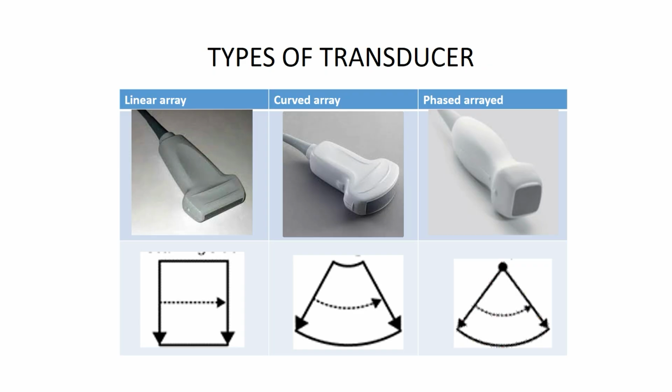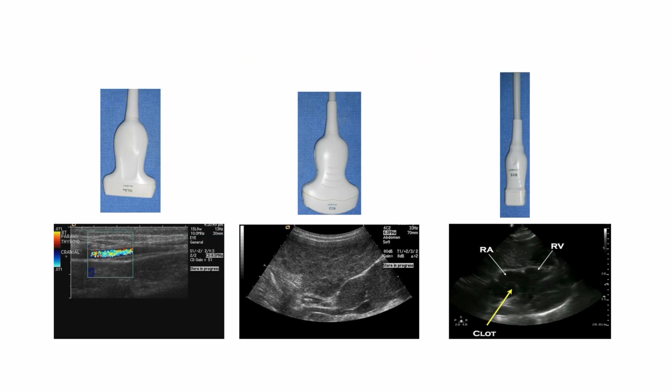This phased array transducer is also called a sector transducer. This sector transducer produces a fan shaped sound beam, so that we see a fan shaped image in the display.